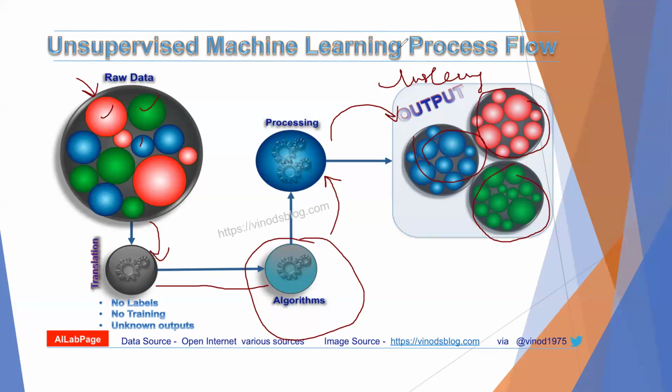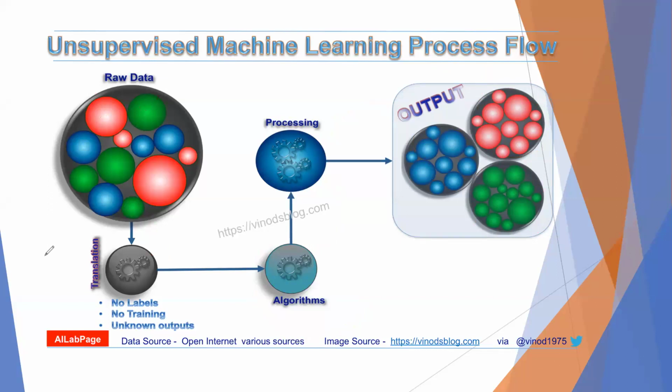In other words, to give another example, suppose we have an image as an input, but this time the image is not a labeled one. I will see a number of features. For example, what is the shape of the image? What is the color of the image? What is the color intensity? Does it cover the complete area or not? These are the different features that I extracted from that image.